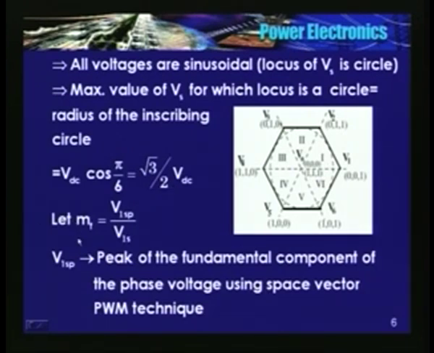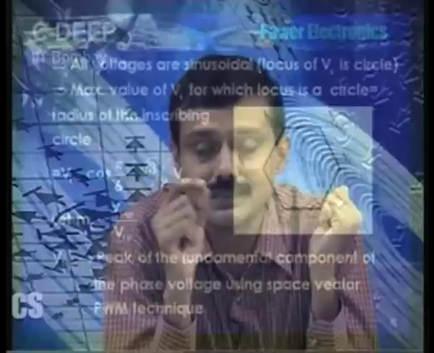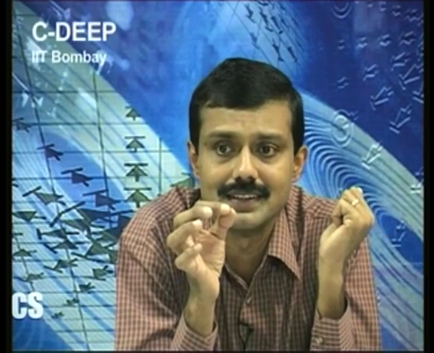Now I will define a term MF, okay, is equal to V1SP divided by V1S, where V1SP is the peak of the fundamental component of the phase voltage obtained using space vector PWM technique, okay, and V1S is the peak of the fundamental component of the phase voltage obtained using square wave operation, okay.